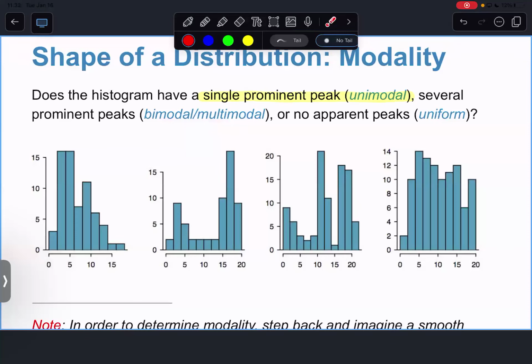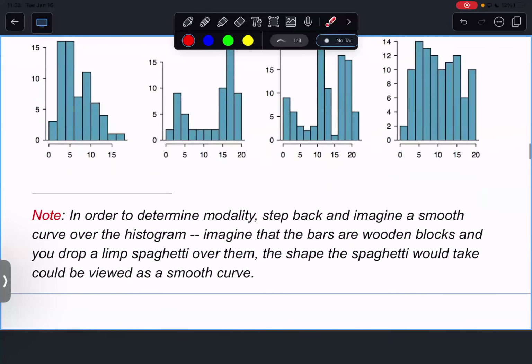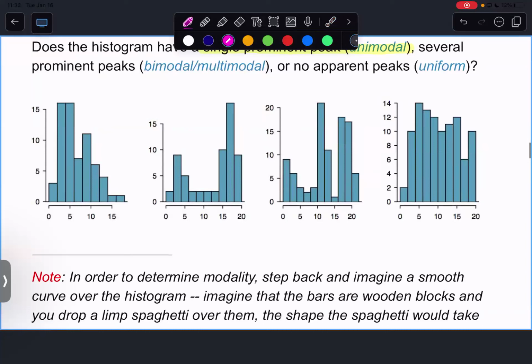What I want to do here is, this is the cuter way to think about it. I say a sheet, but she says you drop a limp spaghetti over the bars, and then that describes the distribution. So drop a limp spaghetti here and see what we get. Something like that.